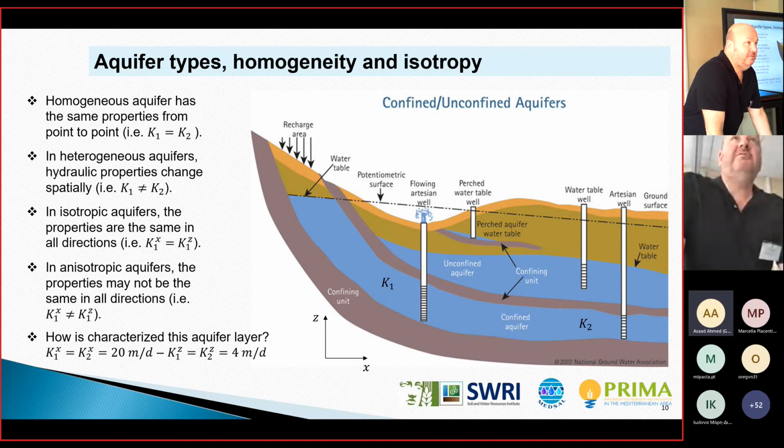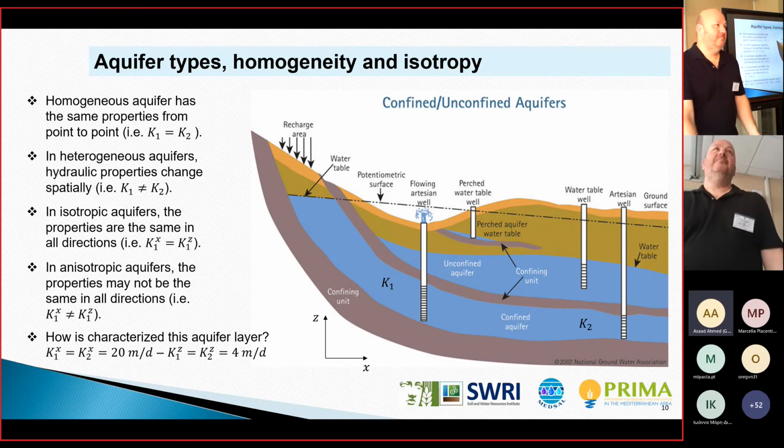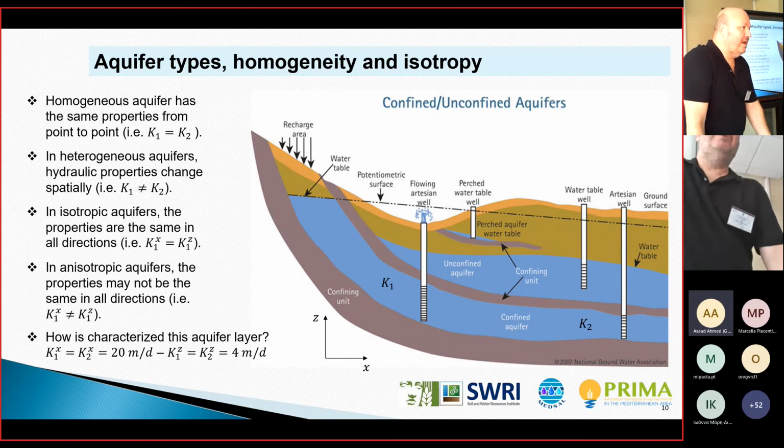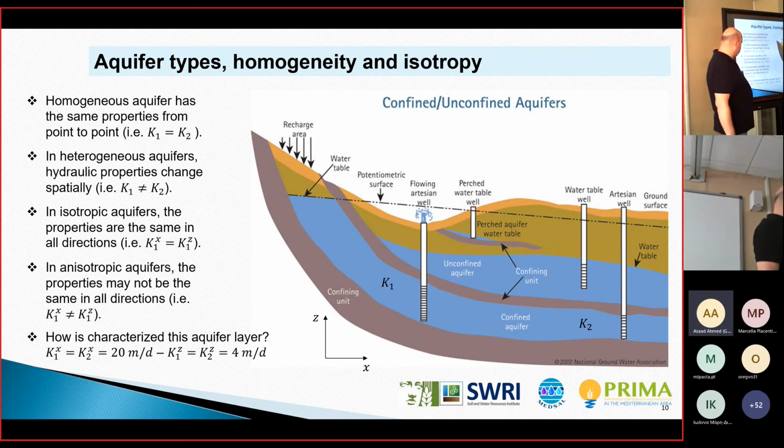Is this clear for everyone? Okay, so how do you define this aquifer in this example with these values here? What kind of aquifer is this? It has a horizontal conductivity in the first point of 20 meters per day, in the second point again 20 meters per day.